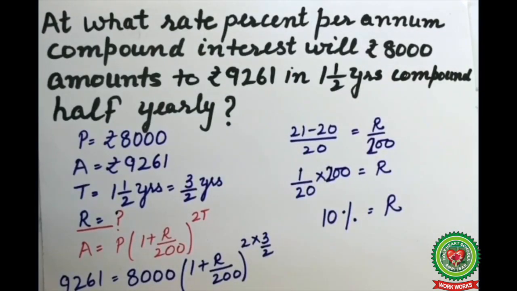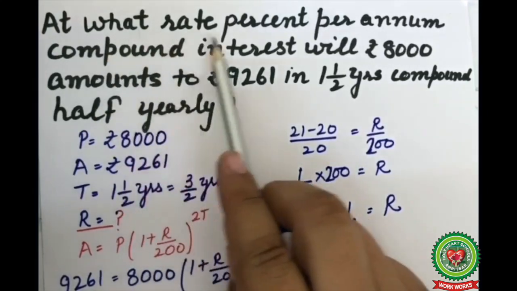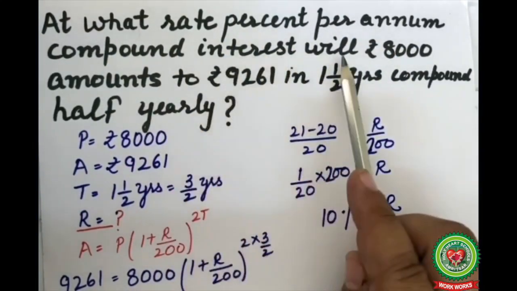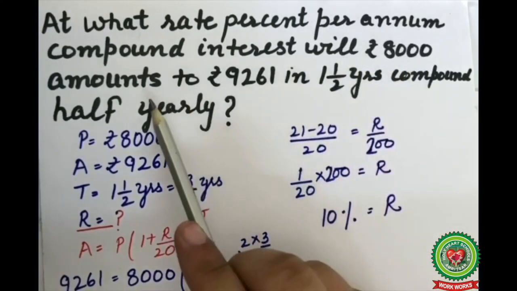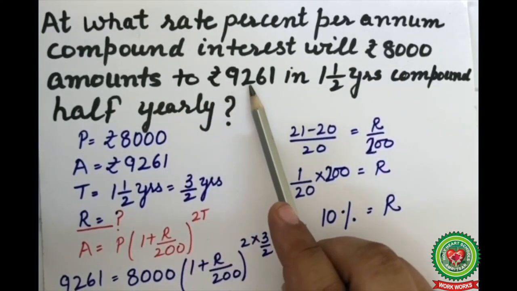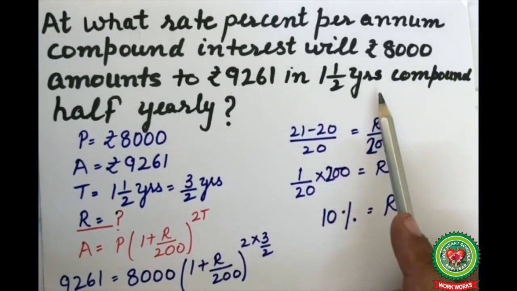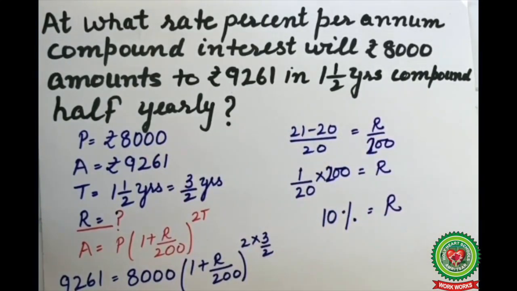The first example is, at what rate percent per annum compound interest will rupees 8,000 amounts to rupees 9,261 in 1.5 years compounded half yearly? Students, let us find out what is given to us in this question.